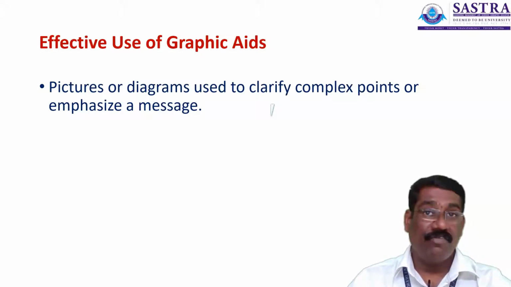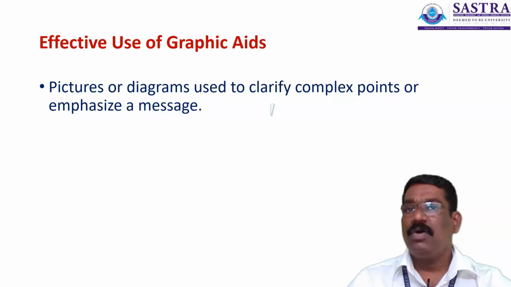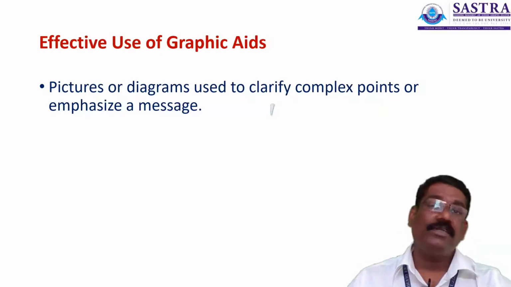graphic aids can clarify complex points or emphasize a message. Used improperly or sloppily, they can distract, even mislead a reader. Graphic aids work best when they are an integral part of the text.